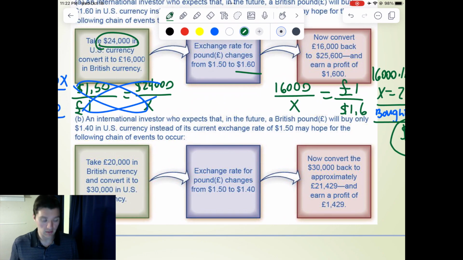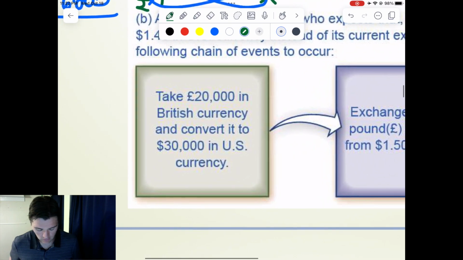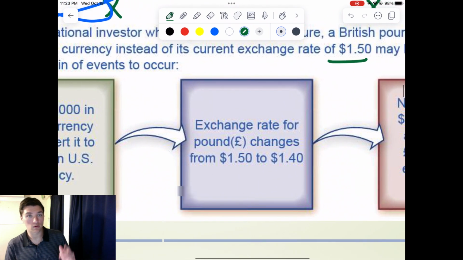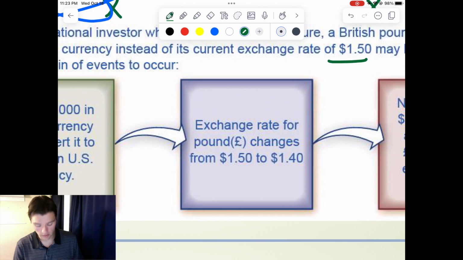So now we're thinking that the exchange rate is actually going down. Instead of the current exchange rate of $1.50, we want it to go to $1.40. So here's how it goes. We take 20,000 pounds, we convert it to $30,000 through the exchange rate, and now we're waiting for the exchange rate to go to $1.40.